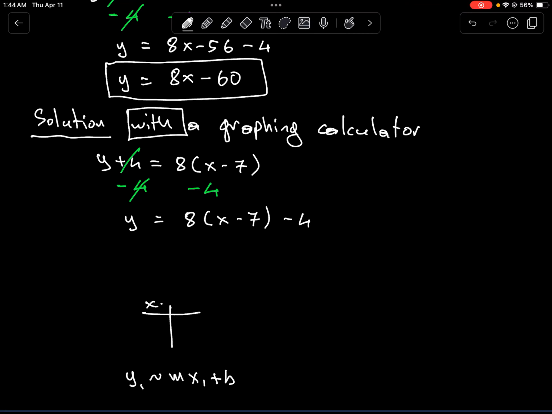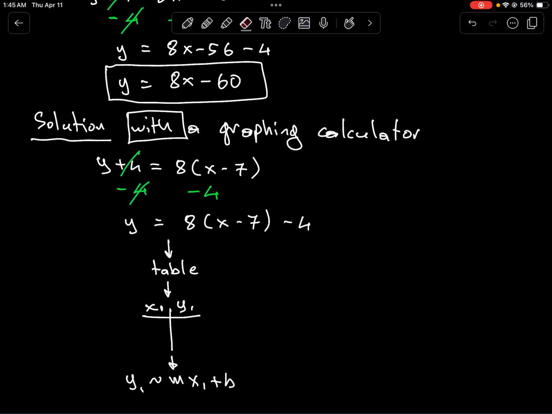Well, the slope-intercept form that you're going to get is going to be equivalent to the one given. So the table of the given one is going to be the chart that you're going to feed the graphing calculator. Essentially, this is what I do.